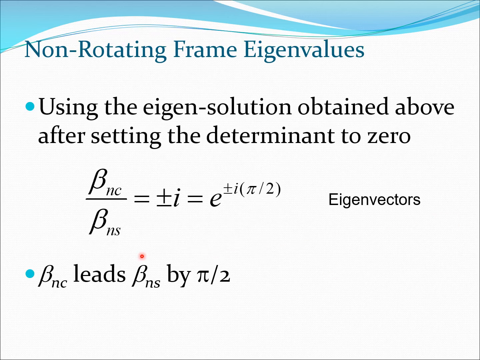If we do that, we can show that beta nc by beta ns is plus or minus i, which is equal to e to the power plus or minus i pi by 2. So these are the eigenvectors for the problem. This tells us something interesting: beta nc leads beta ns by pi by 2.